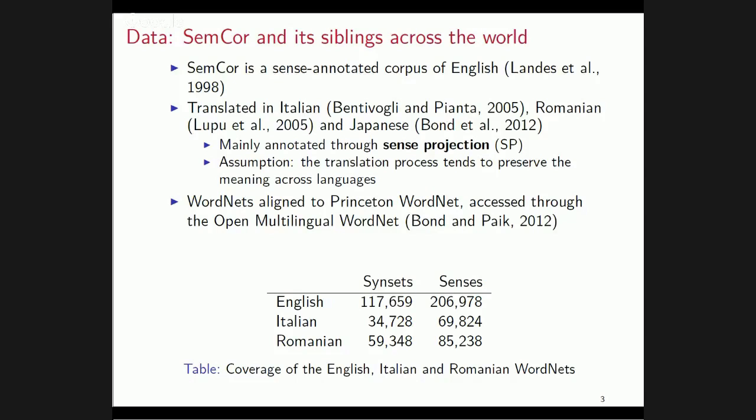And we used, of course, the wordnets: the Princeton WordNet for English, and then the Italian and Romanian wordnets. We access them through the Open Multilingual Wordnet, which is a project that connects together wordnets that are standard and follow the guidelines of Princeton WordNet.